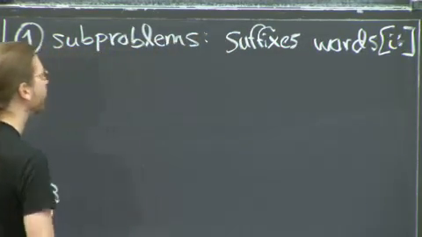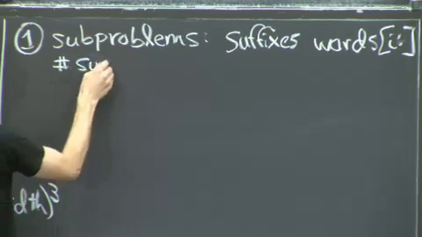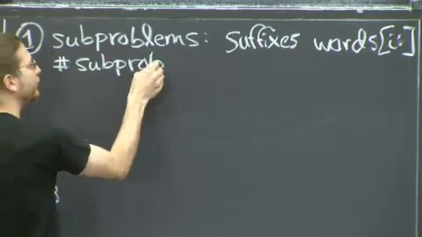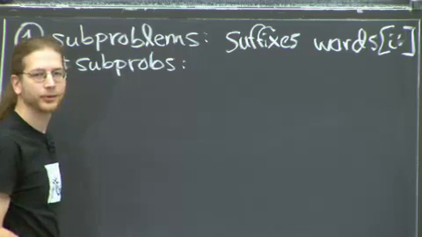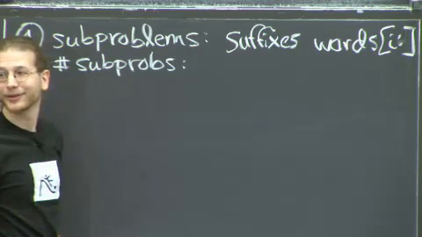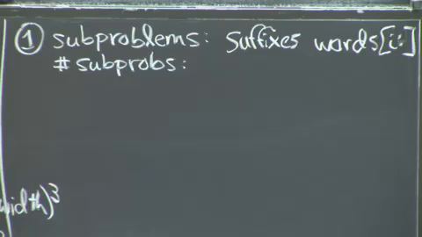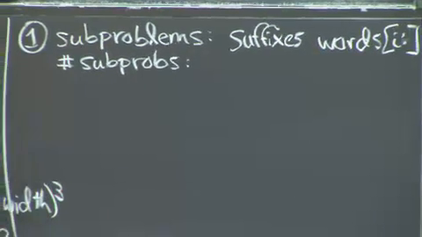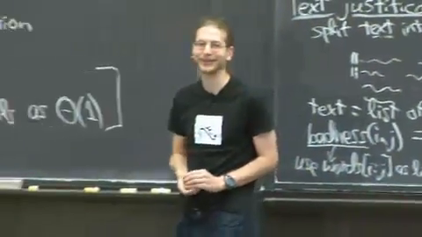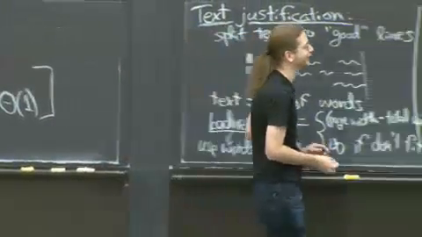OK, how many subproblems are there? If I have n words, 2 to the n? Sorry? That would be a problem if it was 2 to the n. I hope it's only n.